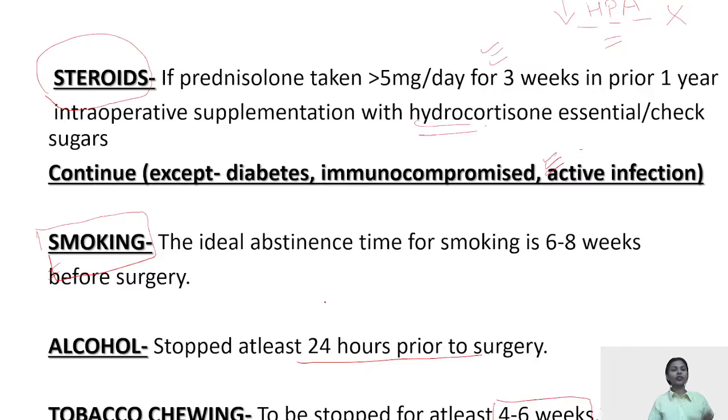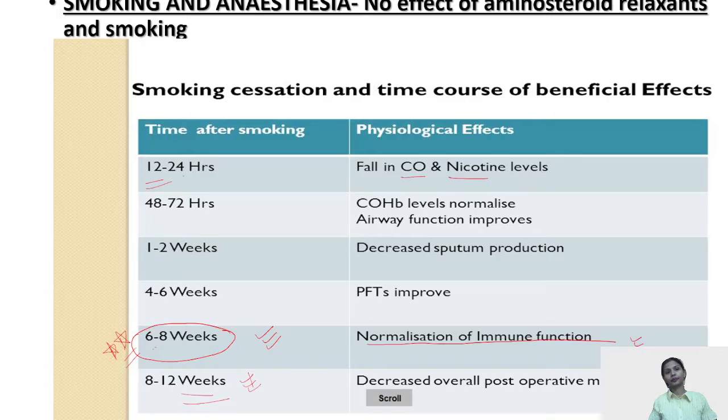These are the three addictions which are very common in patients, and you all have to remember that. Smoking, it is 6 to 8 weeks, which is the optimal time at least for which the smoking has to be stopped before any elective surgery. Talking about alcohol, 24 hours, and tobacco at least 4 to 6 weeks.